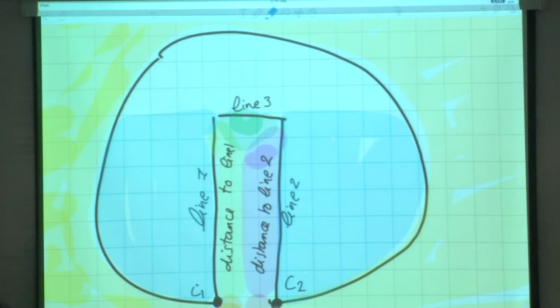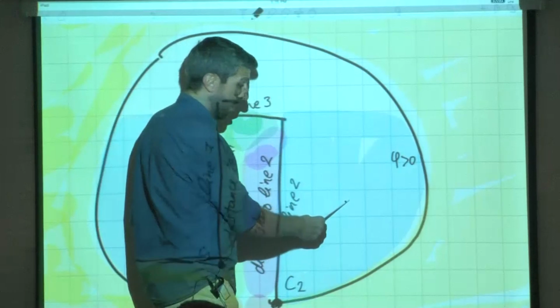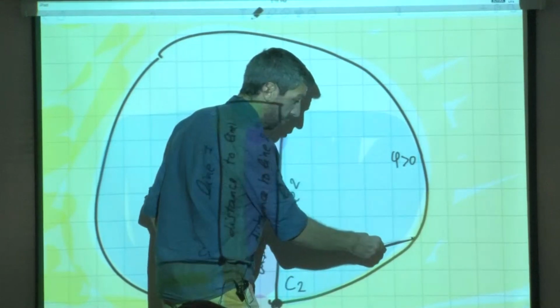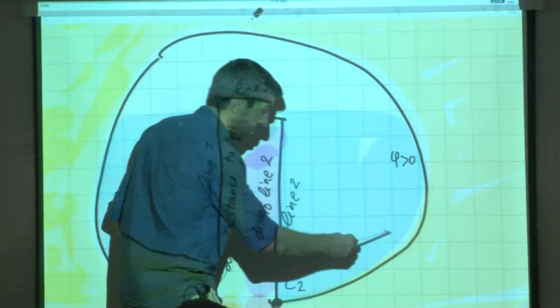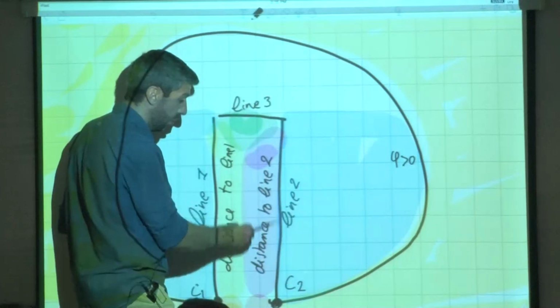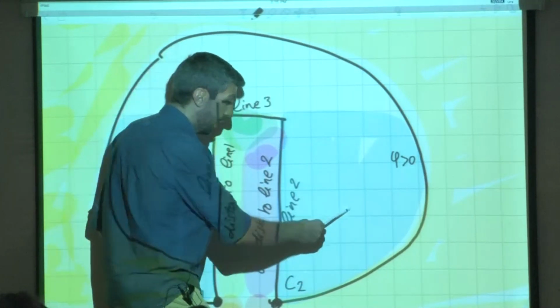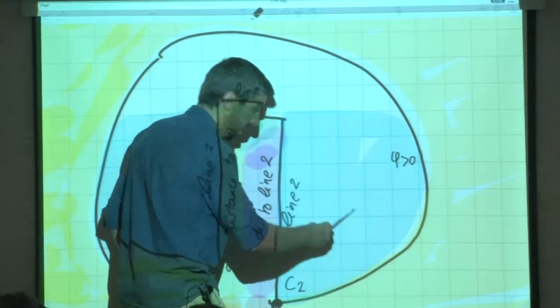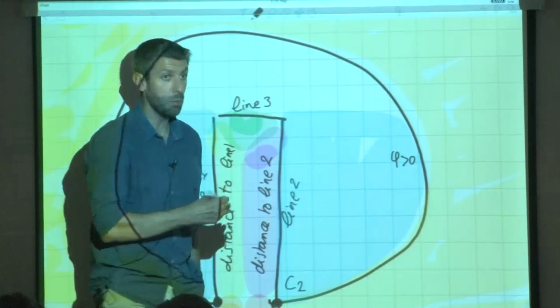As I continue this time inside my circle, I have this blue region here. So now we're getting to the phi larger than 0. Those points will be defined by taking the minimum between the distance to that point and the distance to that line. So any point here you'd have to try to project here or project here, and you would take the minimum distance.